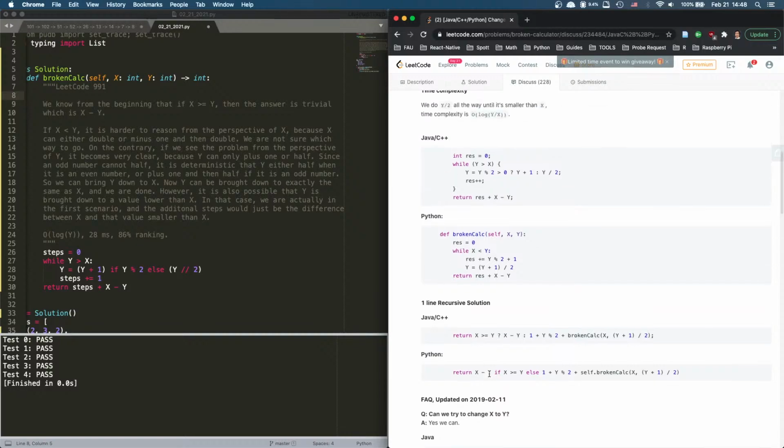Recursive one line. If x, all right, else 1 plus, that's either 1 or this. Oh, nice. This is one of the tricks I see all the time.